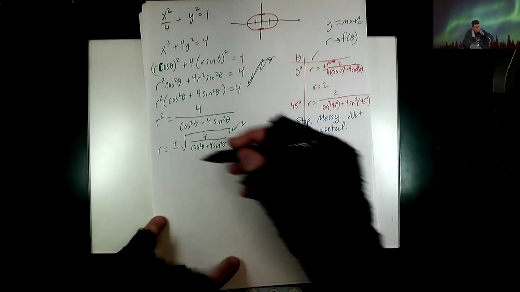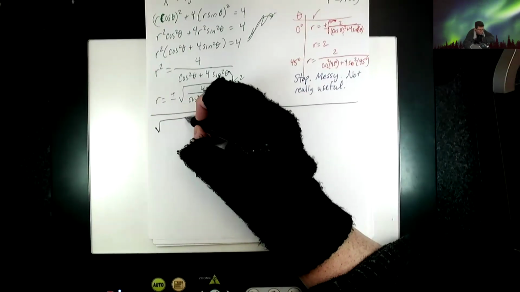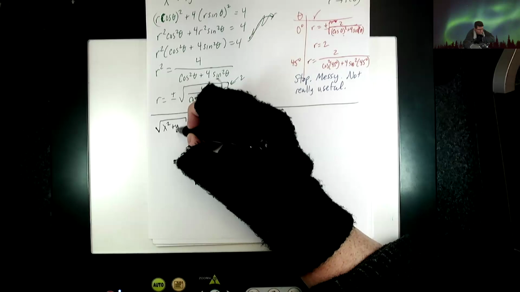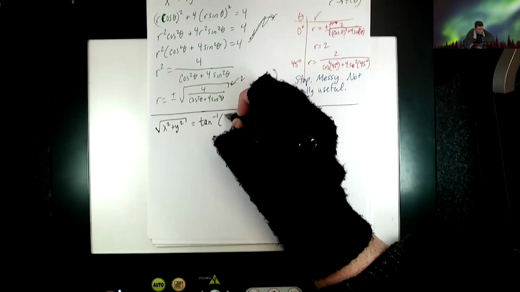For example, square root of x squared plus y squared equals tangent inverse of y over x.